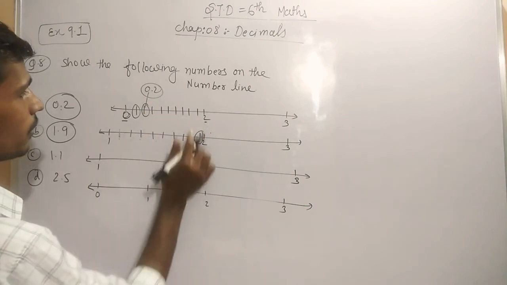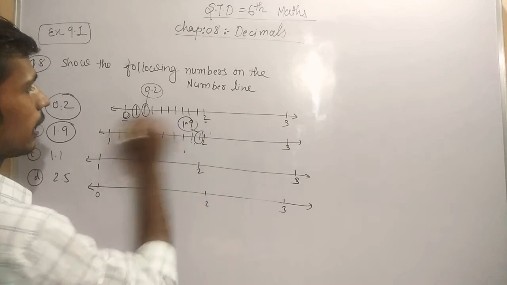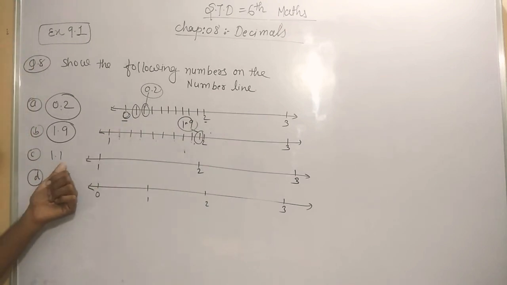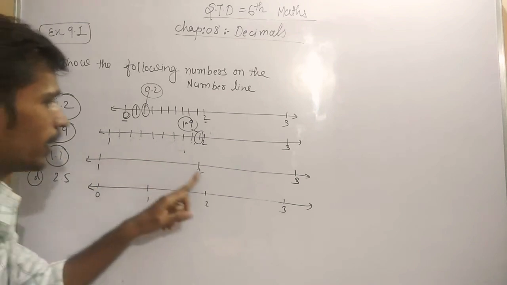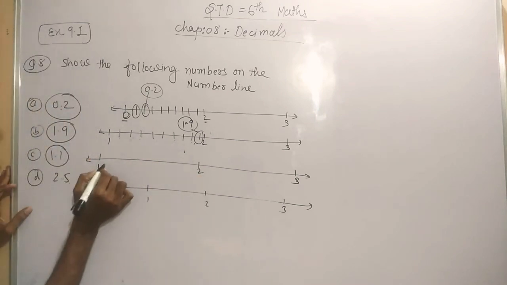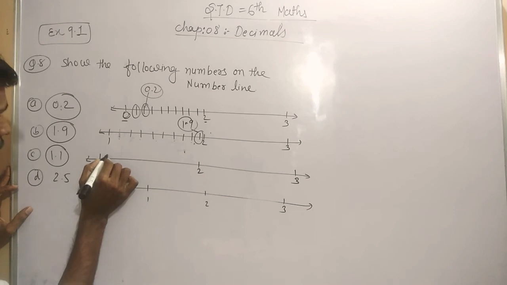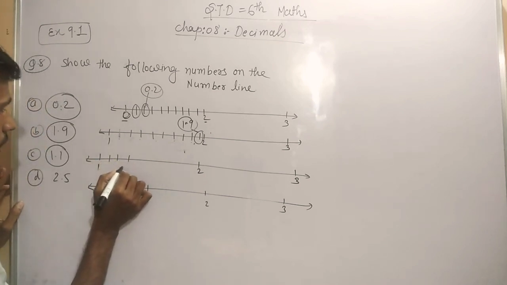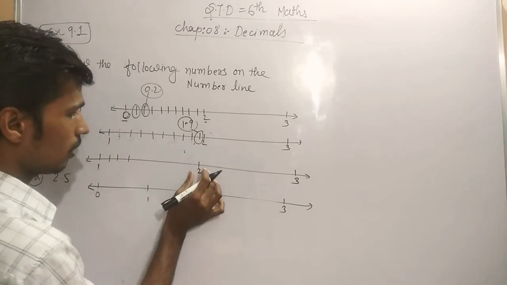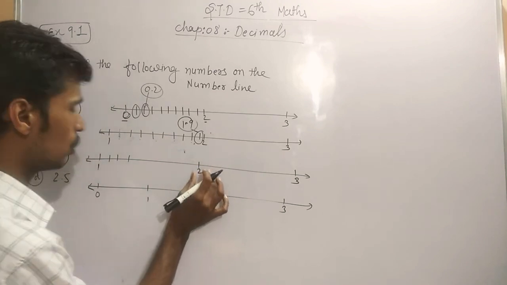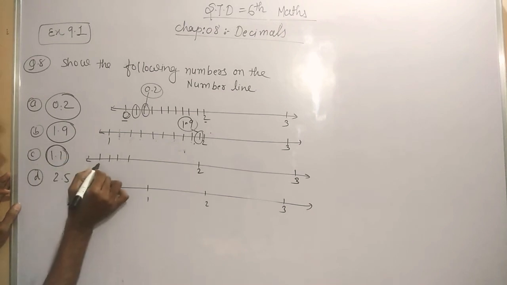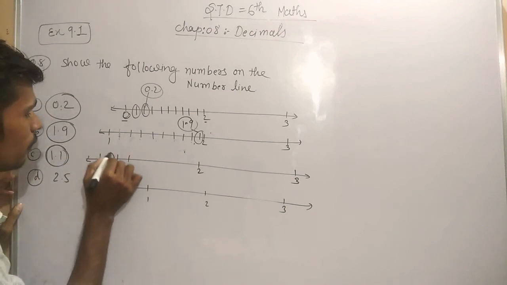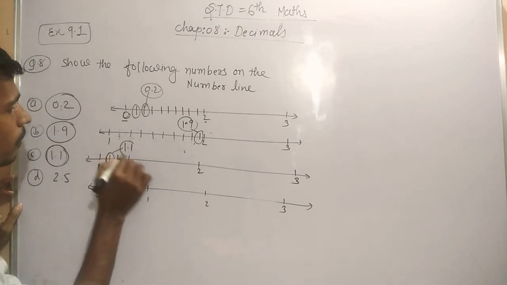So here 1.9 will lie. See 1.1. This number lies between 1 and 2. Start from 1, 1.1, 1.2, 1.3 up to 1.9, and after 1.9 comes 2. Here it is 1.1. So after 1, 1.1 will be here. So 1.1 will lie here.